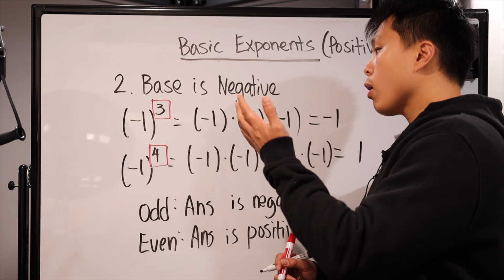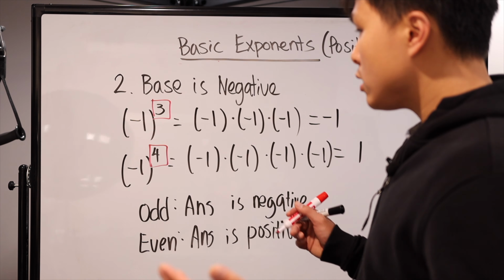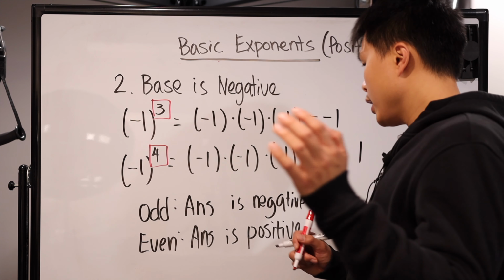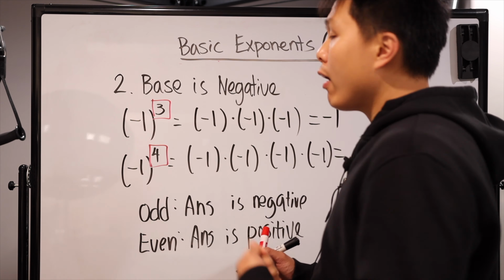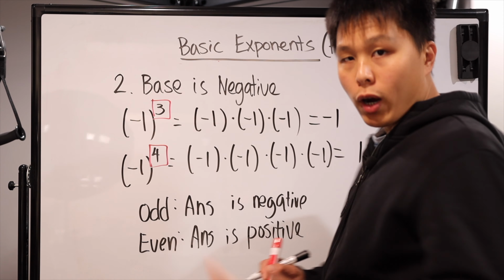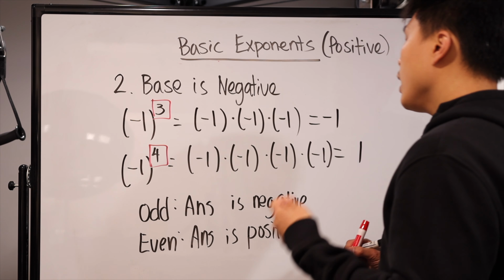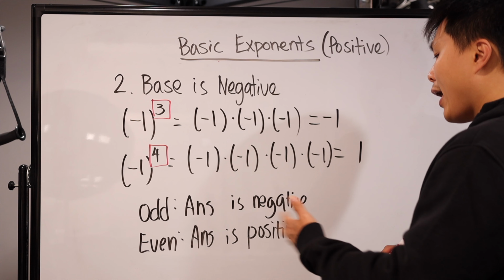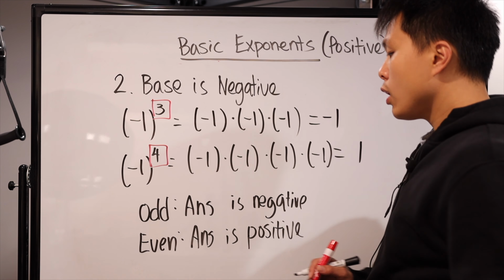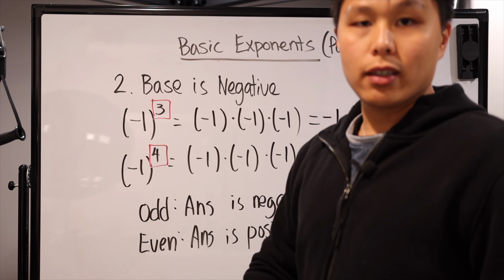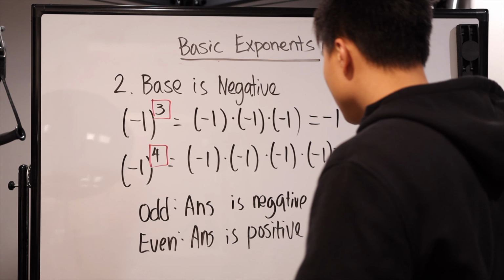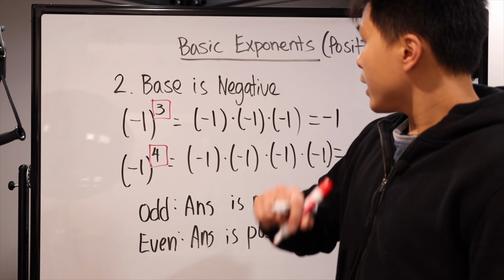So when you are multiplying this out, I guess an easy way is to ignore the negative sign, forget about it, and just multiply the number out however many times the exponent requires you to multiply it. And then in the end, just add a negative if the exponent was odd, and don't add a negative if the exponent was even. All right, so this is case 2.